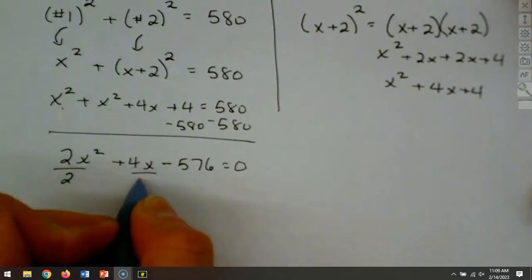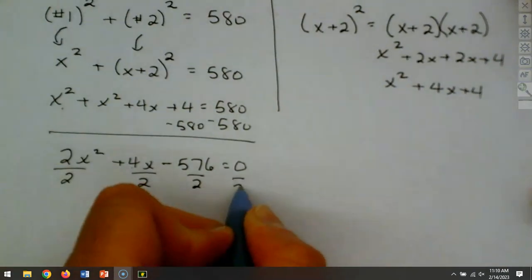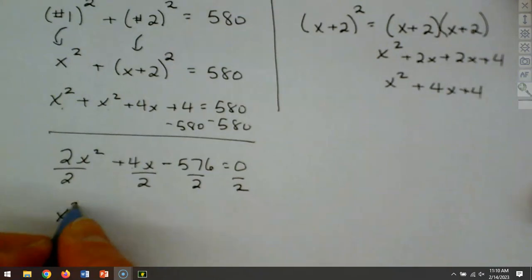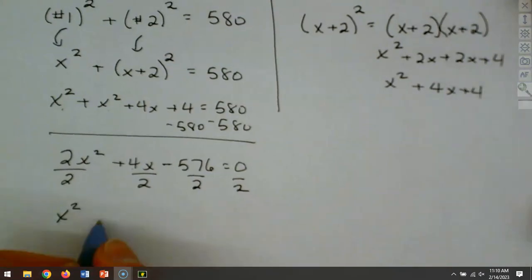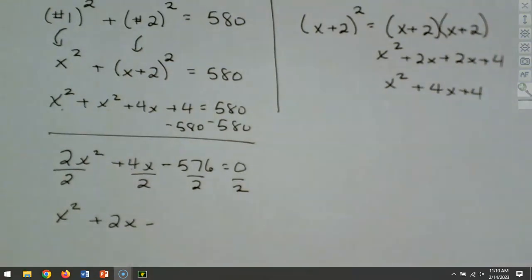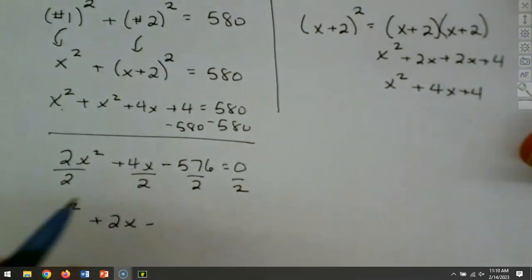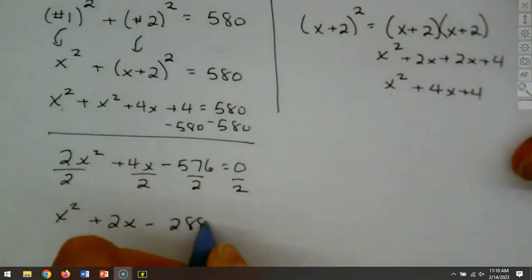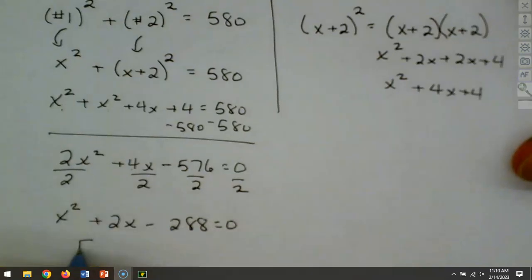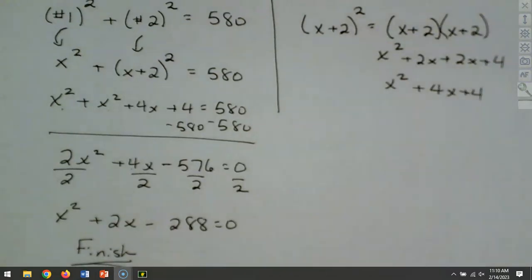Divide by 2 everywhere. And that leaves you now with x squared plus 2x, right? And 576, it's even. We divide it by 2. It leaves you with a minus 288. That equals 0. And you should be able to finish it from there, right?